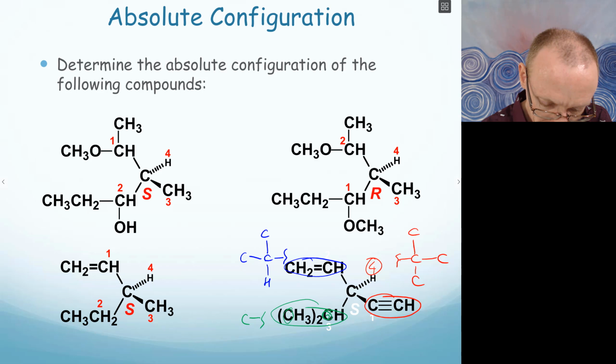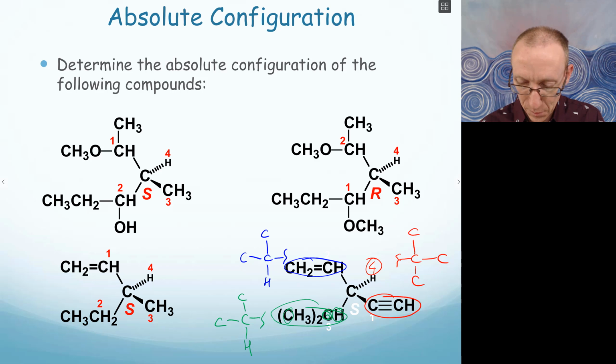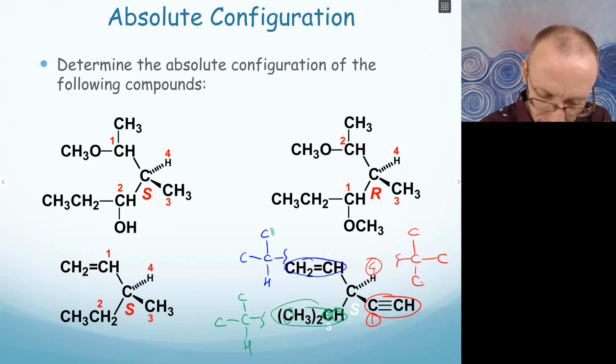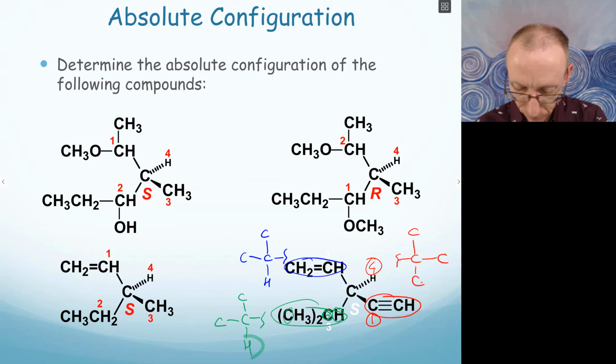So we're going to have a carbon, and then the hydrogen. So that's how that's going to expand. So we can immediately see that the highest priority group is going to be this one, because we have a carbon, versus a carbon, and a hydrogen, or a carbon, and a hydrogen.